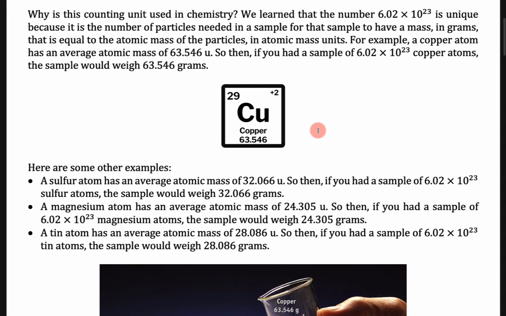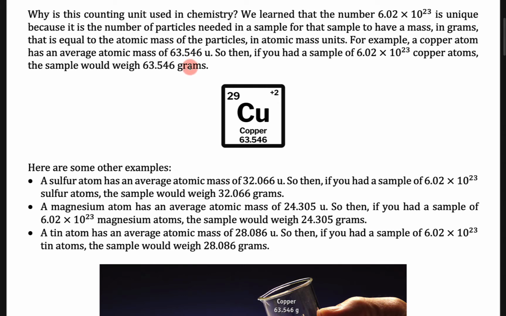Now, the average mass of a copper atom is 63.546 atomic mass units. And here's where the number 6.02 times 10 to the 23 comes in. If you had a sample of 6.02 times 10 to the 23 copper atoms, that sample would weigh 63.546 grams.